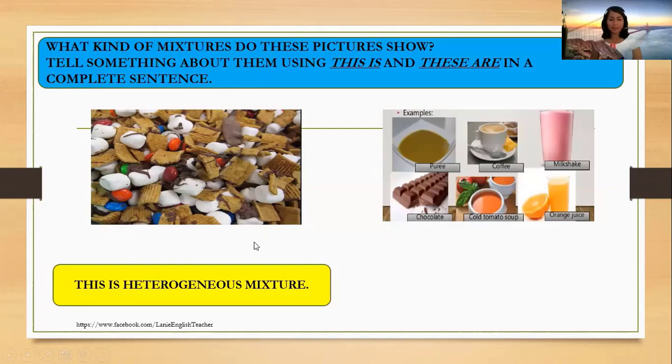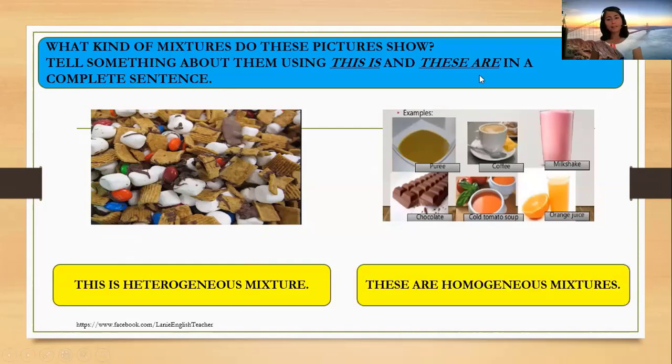This is heterogeneous mixture. Okay? While these are homogeneous mixtures. All right. Well done.